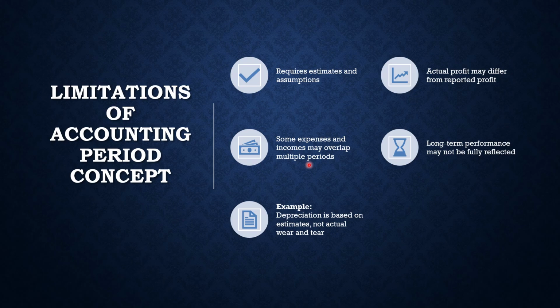Another limitation is that certain expenses and incomes may relate to more than one accounting period. Allocating them correctly can be challenging. As a result, long-term performance may not always be fully reflected in short accounting periods. For example, depreciation is calculated using estimates which may not exactly match the actual wear and tear of an asset.